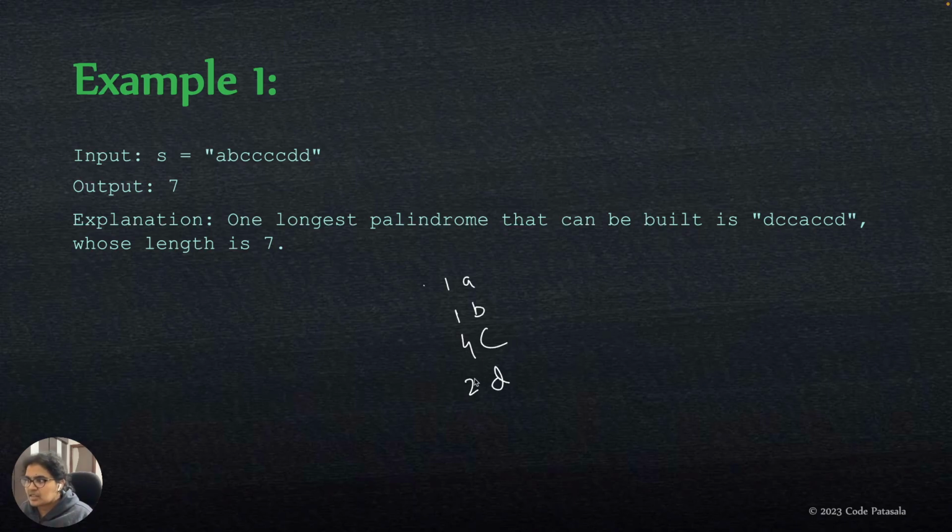That is the given string. So an even number of characters can always be part of a palindrome, and one of the odd ones can be part. So 4 plus 2 plus 1, which is 7, is the answer.